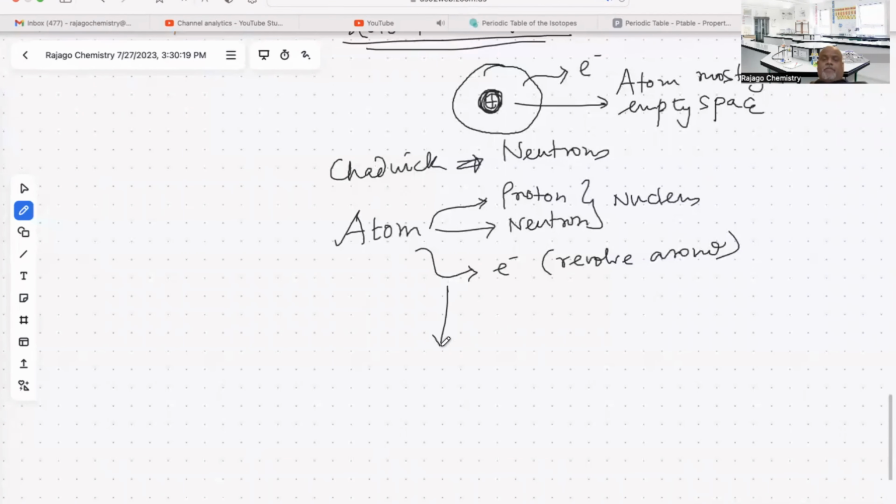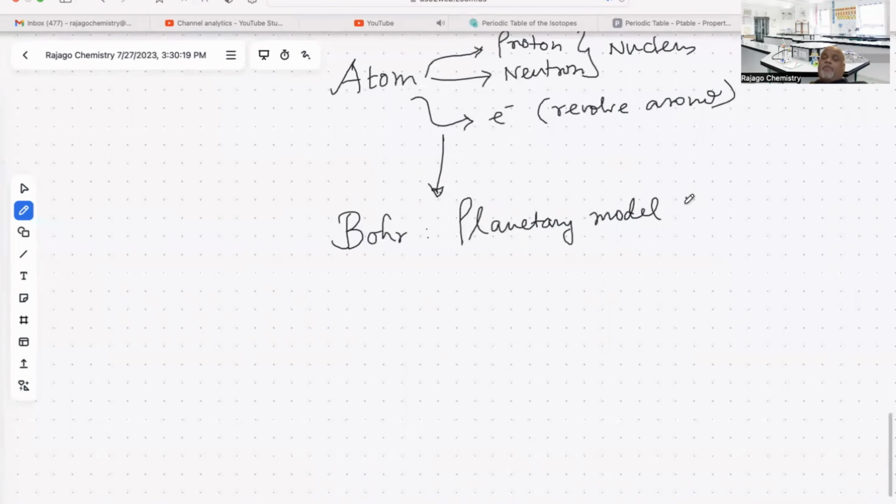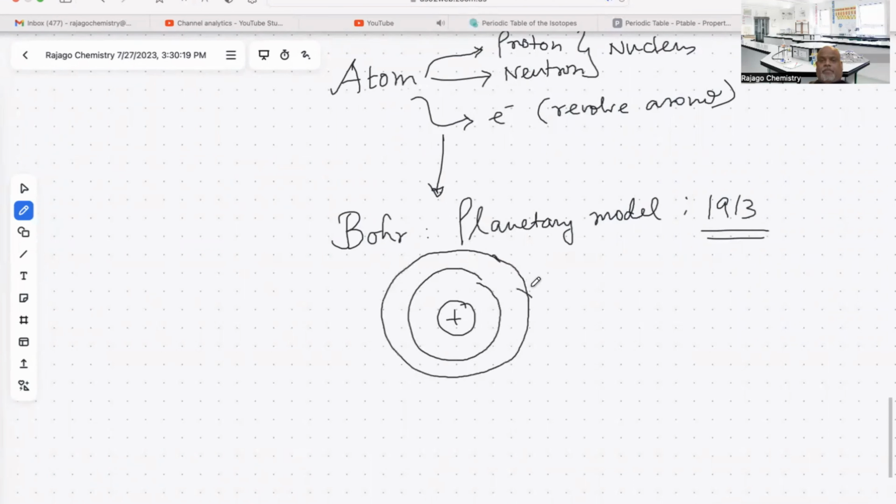Around that time, Bohr came up with what is called the planetary model, almost 1913 or so. The question that arises is, why can we remove some of the electrons, but why can we not remove all the electrons?